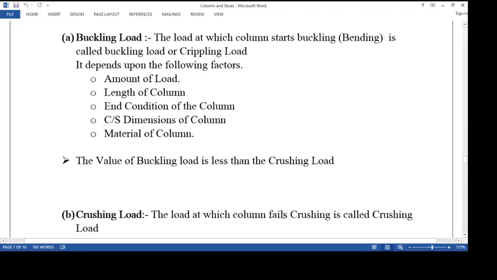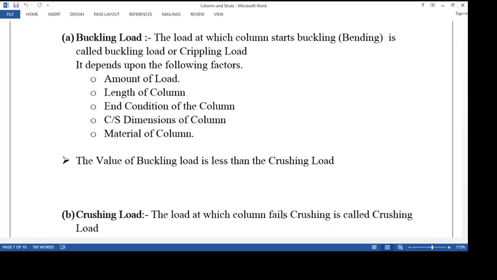See, amount of loading means how much load will act on the column, and length of the column. If the length of the column is more, that column must be buckled or bent. That is called the buckling load or crippling load. At the same time, the end conditions of the column. What types of end conditions are there?